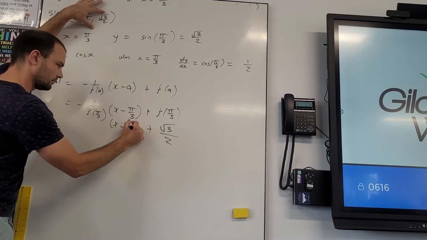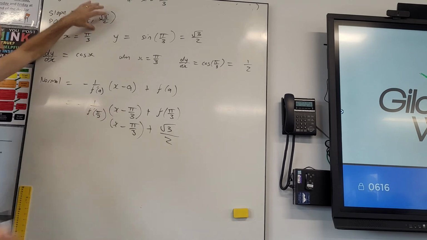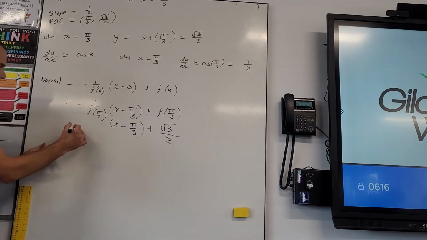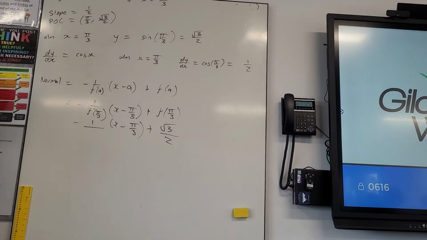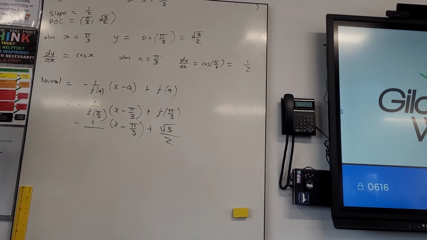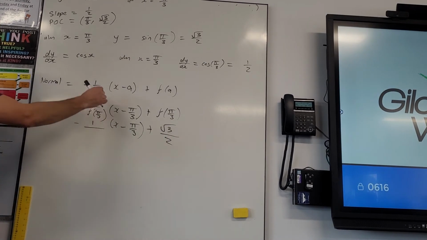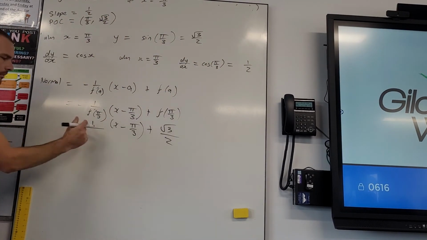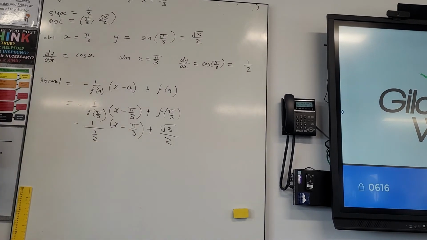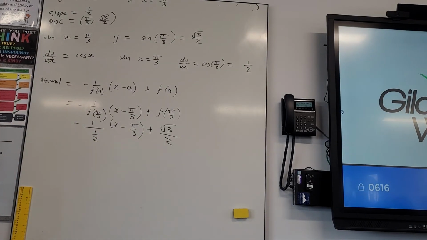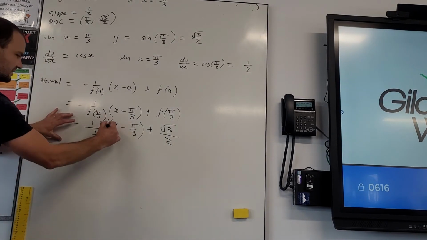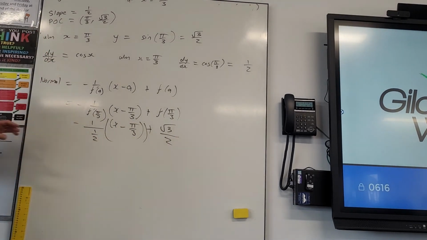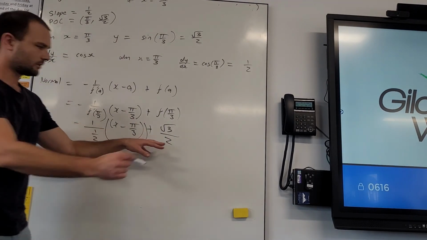Plus there, we'll just do it a little bit backwards here. And then here we've got minus 1 on top of f dash of pi on 3. That means the slope when x is pi on 3. So we found that already. When x is pi on 3, the slope was half. So we've got minus 1 on top of a half. And that's times by that, and then plus this. And so really, we've got the whole thing there.